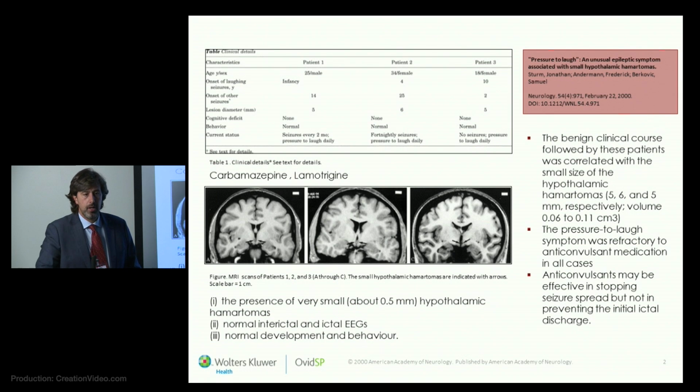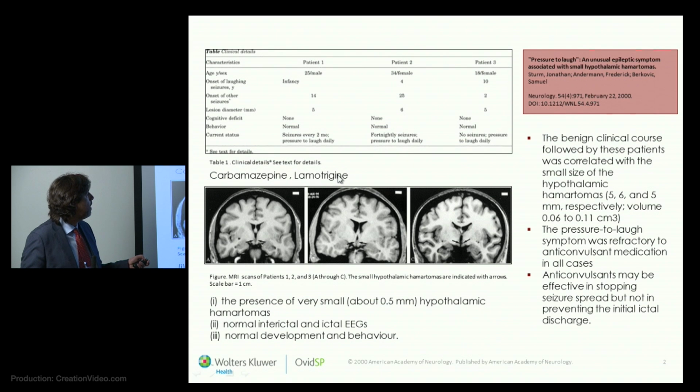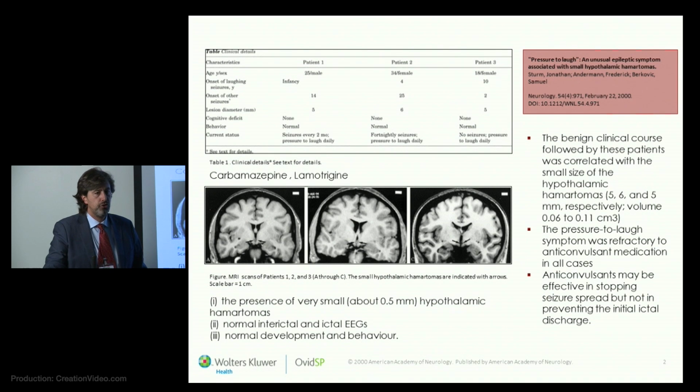There are some papers published on antiepileptic medications, very few, some anecdotal cases. Here three patients have been reported, and in all of them a quite good effect was reported with carbamazepine and lamotrigine. You can see here that what was not treatable was the pressure to laugh daily, but all the other seizure types were quite well controlled.